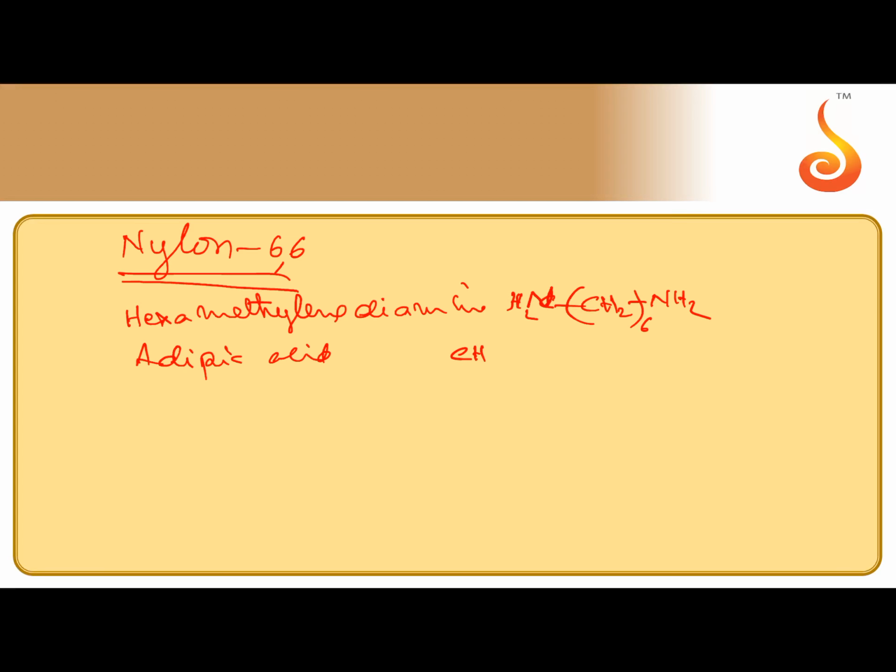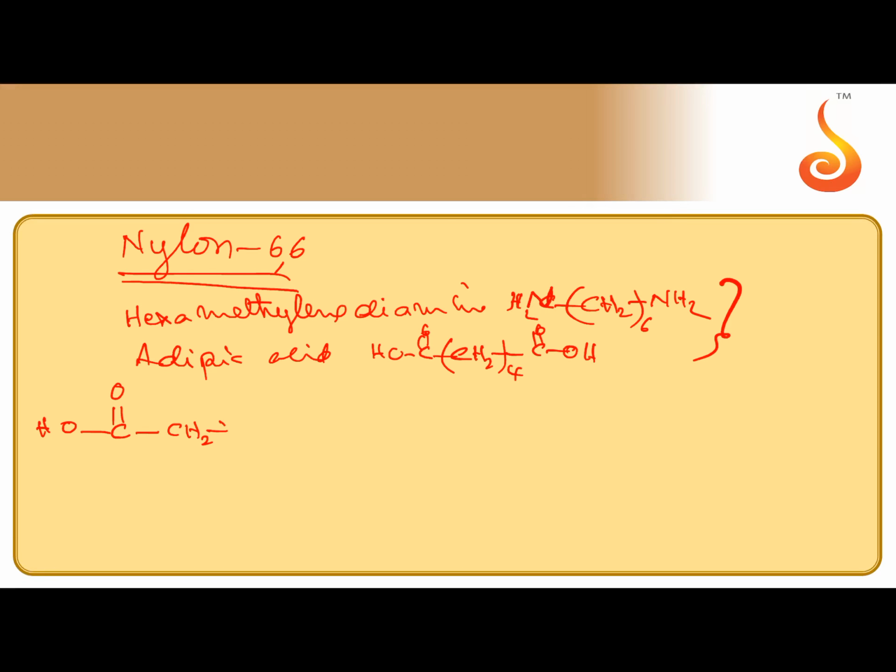Adipic acid. This is CH2 taken 4 times. Terminal carbons are becoming COOH groups. So nothing but hexane 1,6 dioic acid. So how to write the repeating unit formed between these two? Observe carefully. COOH terminal always you keep the left side.